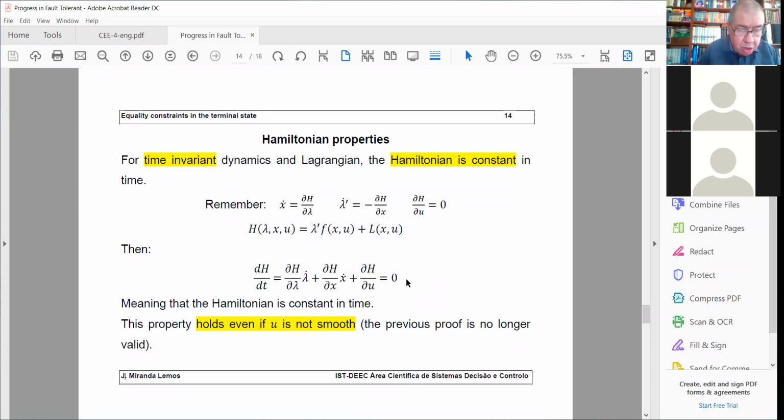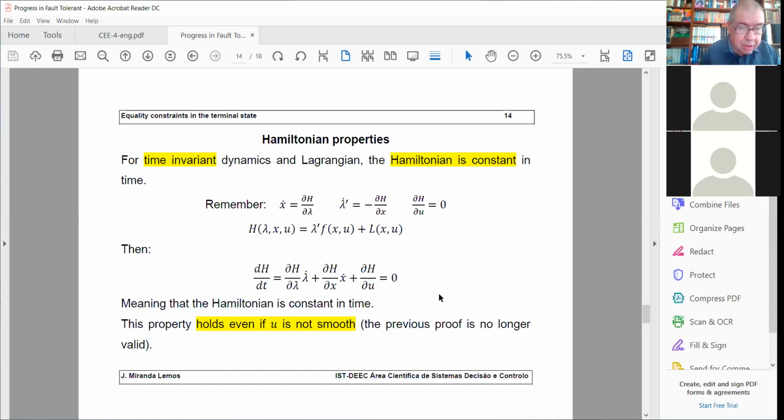The proof is much more complicated. It's completely outside the scope of this course, but it still holds true. So even in the case where your control is bang-bang, the Hamiltonian will be constant throughout all of the optimization interval.